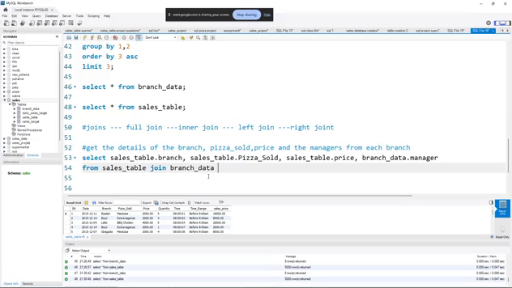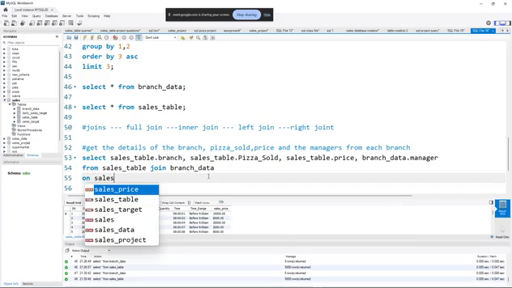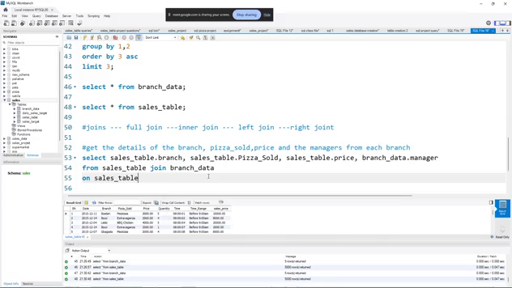So I will say the point of connection. You have to put the point of connection on what? On sales table dot branch. That is, the branch on the sales table is equal to branch data dot branch, that is the branch on the branch data table.